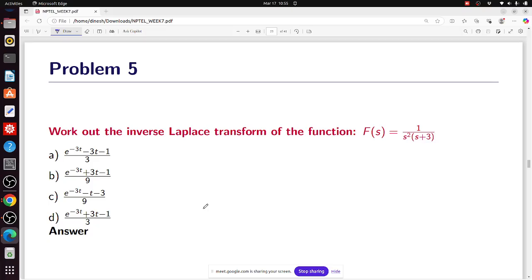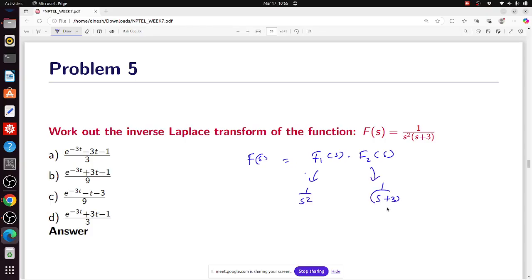So here the given function f of s can be written as f1 of s into f2 of s. So here f1 of s is 1 by s square and f2 of s is 1 by s plus 3.